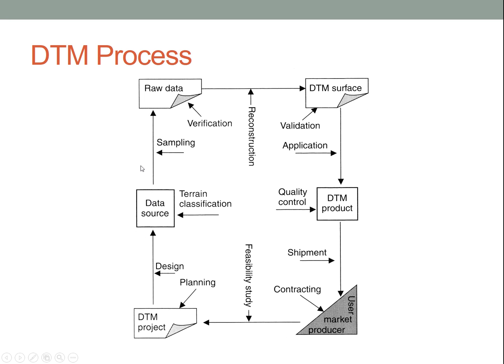We've already got it from our data source. It comes to the surface. So this is what we're going to be creating mathematically. We're not creating a definite product at this point, because I'm not creating a 3D visual or even a 2D visual. What I'm doing is creating the mathematics behind it. So this is the reconstruction of the DTM surface, and then the validation comes in with the statistics that we're going to be examining.